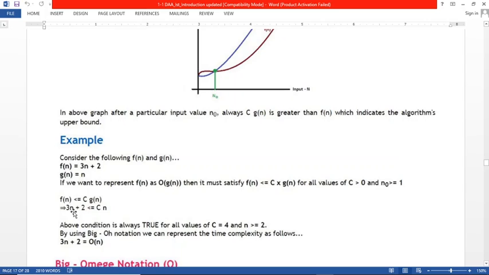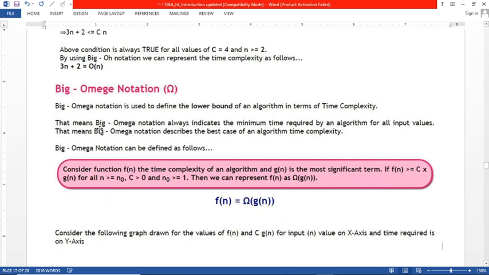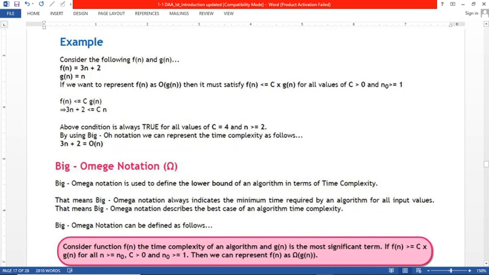So here that should be 3n plus 2 less than or equal to cn. Here in place of n and c we need to place these values. 3 into 2 will be 6. 6 plus 2 is 8, and this is less than or equal to c times n.